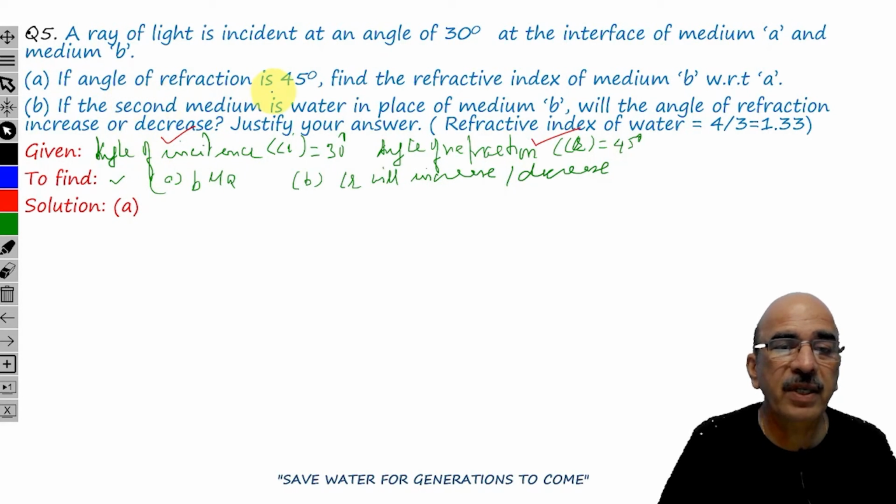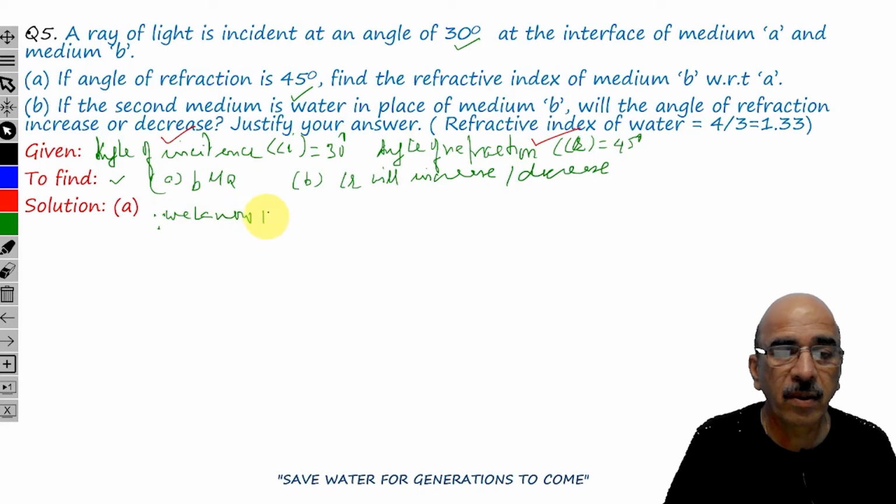Now if the angle of refraction is 45, the two angles are given 30 degree and 45 degree. So which formula will be used here? So Nila will help us. So Nila is saying, sir, we shall use the formula, and before using formula we shall write down since we know that refractive index of medium B with respect to A, yes, Nila is saying sin I upon sin R. This formula will be used here.